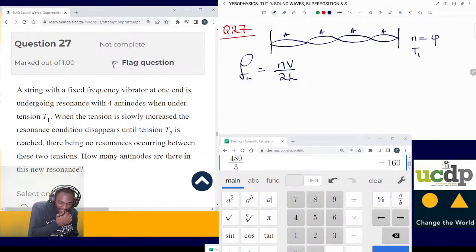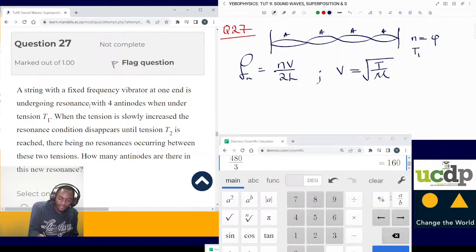And the velocity V, this is another equation again, is equal to the square root of the tension over the mass density per unit length, right? So that is what we have.